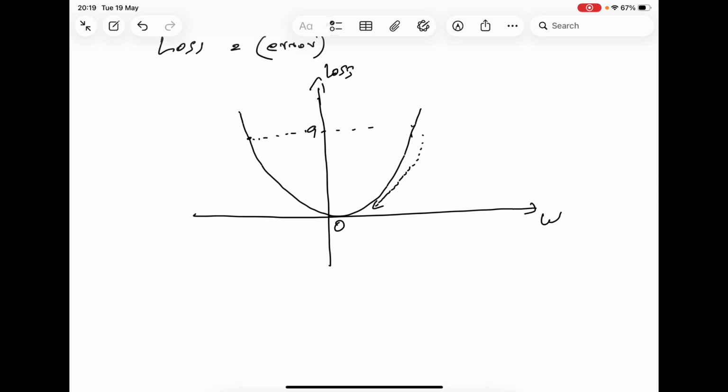So if we want to reduce this loss, we need to find which way we need to adjust it.